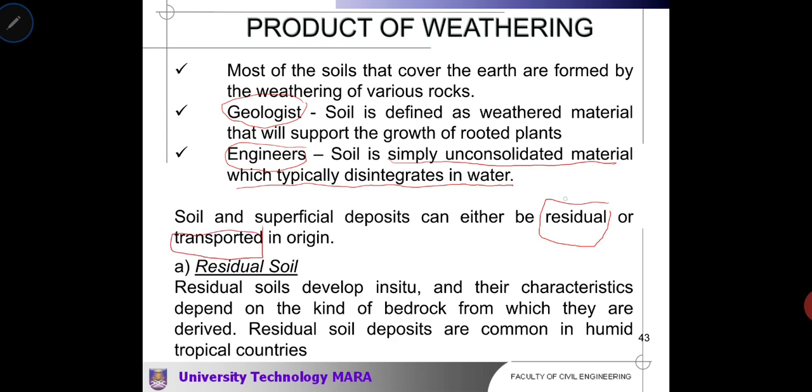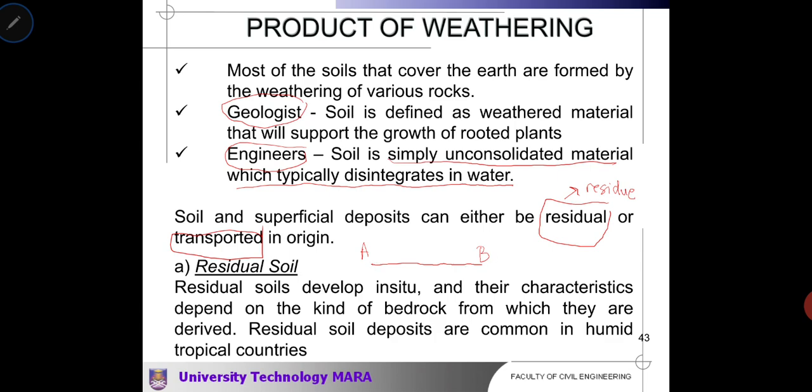Okay, residual is from the word residue. Whatever is left on that particular area, meaning that your soil is not going anywhere. But in terms of transported, the meaning of transport is to be relocated, meaning that from point A, the soil is going to another place, which is point B.